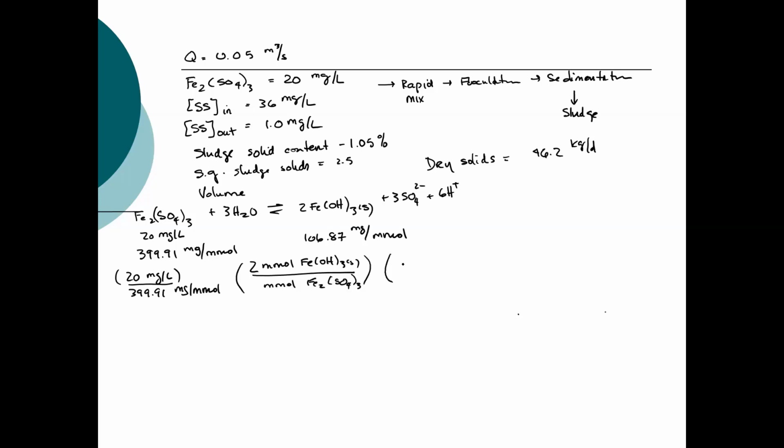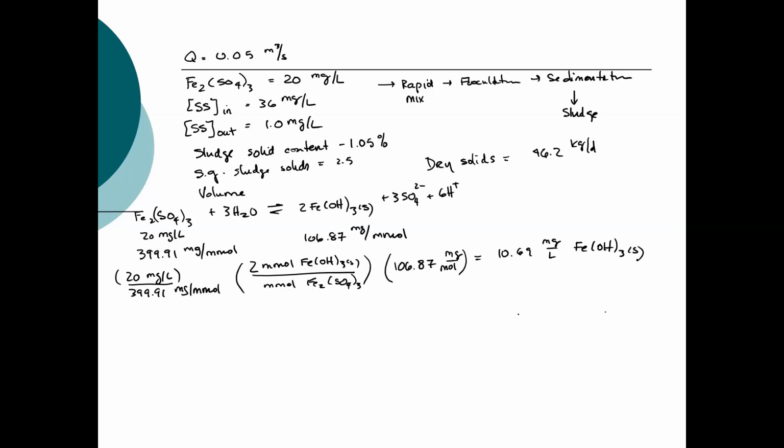And ferric hydroxide has a molecular weight of 106 milligrams per millimole, and that is equal to 10.69 milligrams per liter of ferric hydroxide.